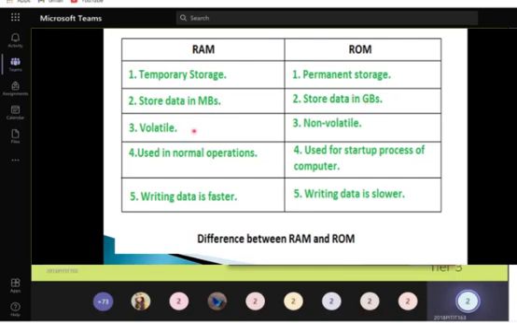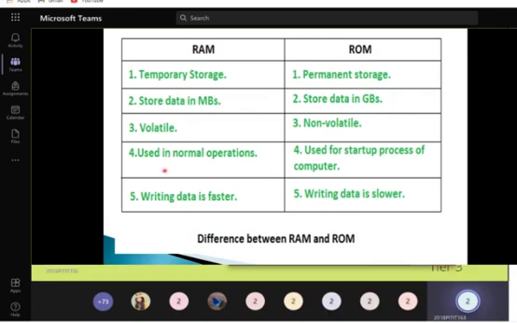RAM is volatile. When the power is off, all the data will be lost. But the data stored in ROM will not get erased even when the power is off, because all the important data are stored in ROM only. For booting purposes, the programs and all will be stored in this ROM only. So we call ROM non-volatile.